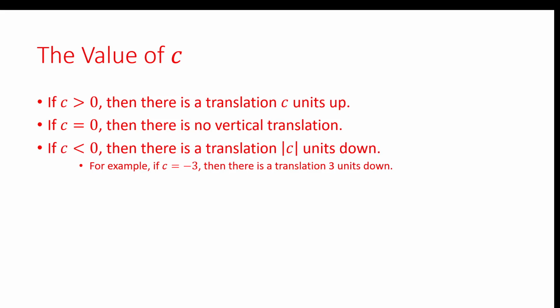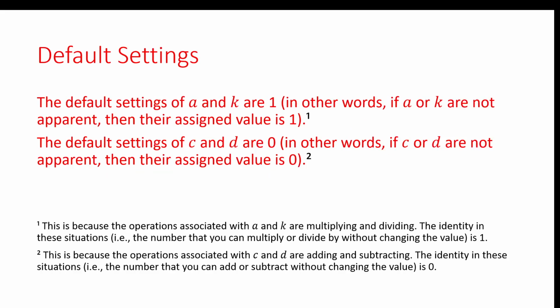C is perhaps the easiest of all to state the transformations of. If c is greater than 0, there's a translation c units up. If c equals 0, there's no vertical translation. And if c is less than 0, there's a translation down. And if c is less than 0, we use the magnitude of c in our verbal description.